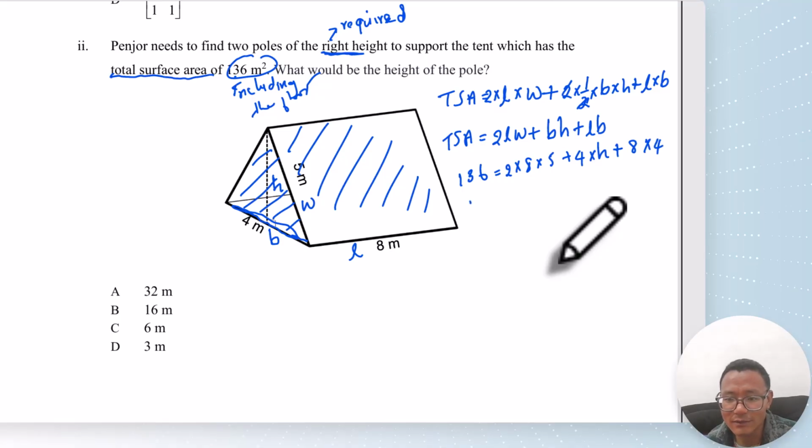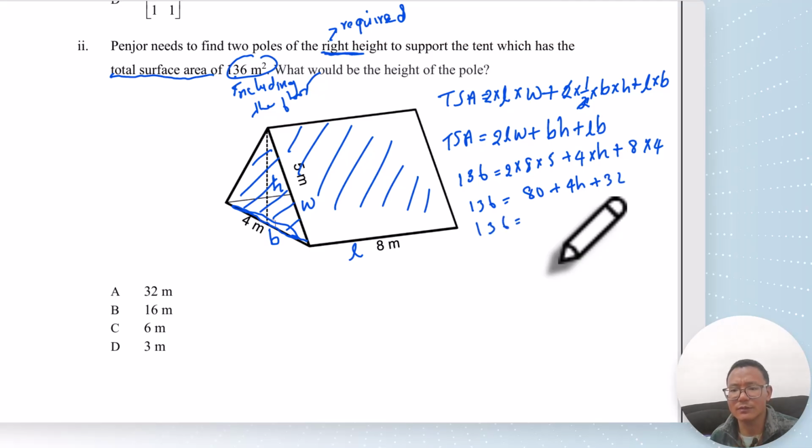Now let's simplify further: 136 equals 8 times 5 is 40, times 2 is 80, plus 4h, plus 8 times 4 is 32.